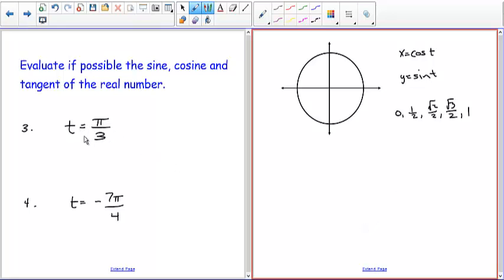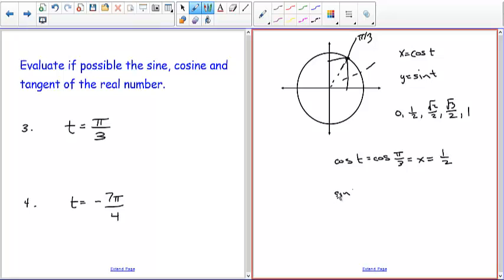So here we have t is pi over 3. Remember, this is pi over 6, this is pi over 3, so that's pi over 3. So we have approximately where it intersects. You go over to the y-axis, you go down to the x-axis. You can see this is going to be a half, so we can say the cosine of t, or the cosine of pi over 3, which is the x-coordinate, is going to be a half.